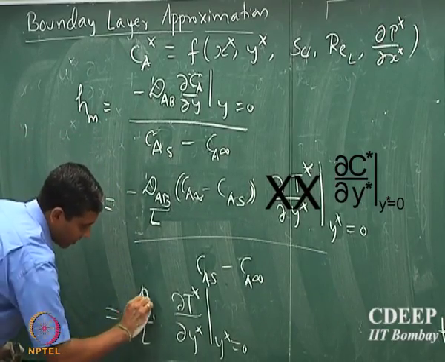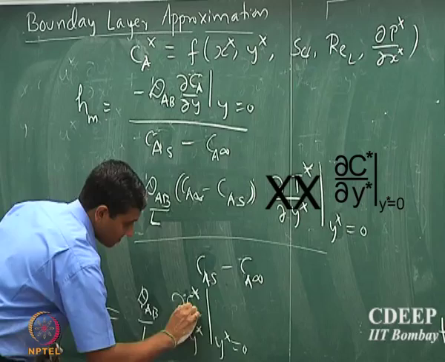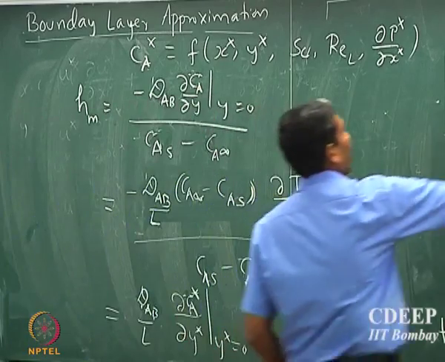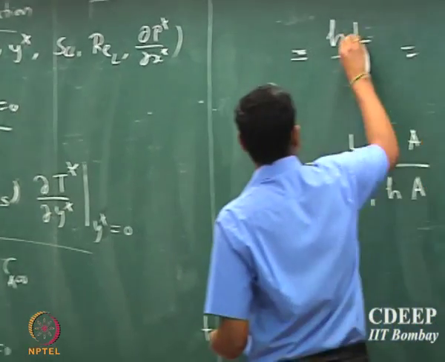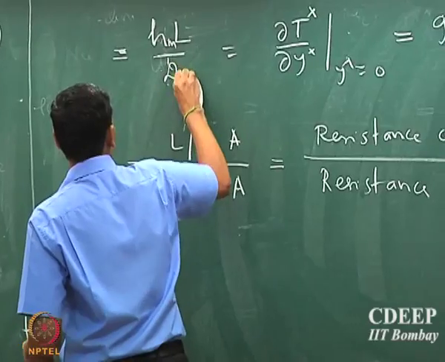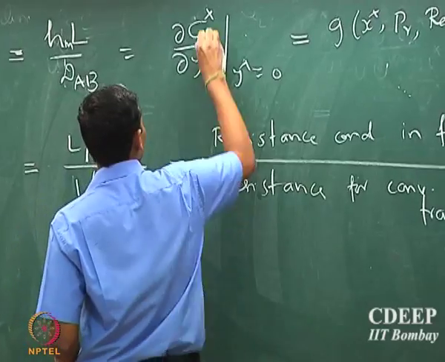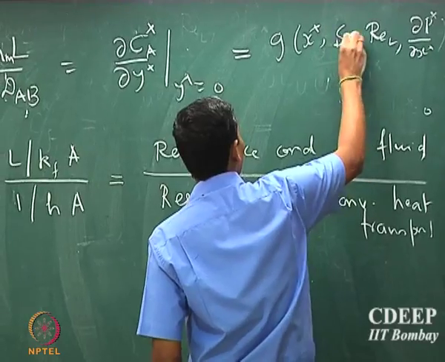So this will be DAB and dCA star by dy star evaluated at y star equal to 0, and this will become, what's that number? Hm L by DAB, dCA star by dy star, and that's a function of Schmidt number.